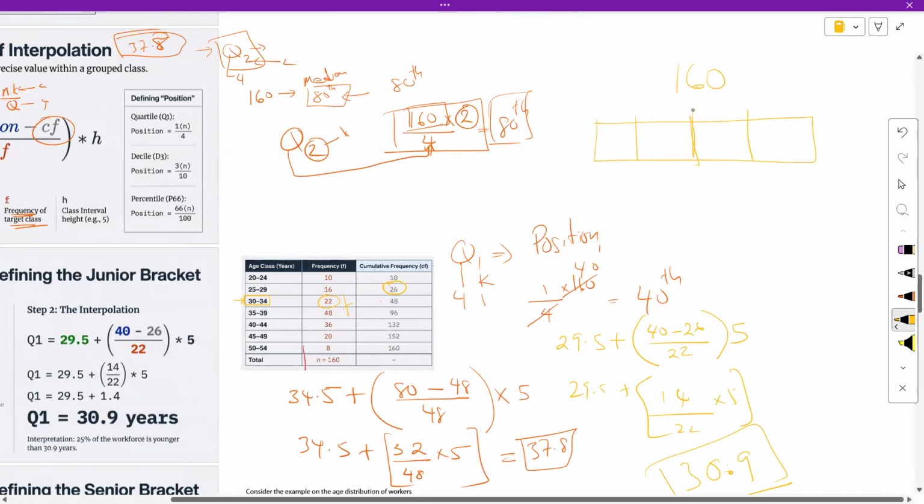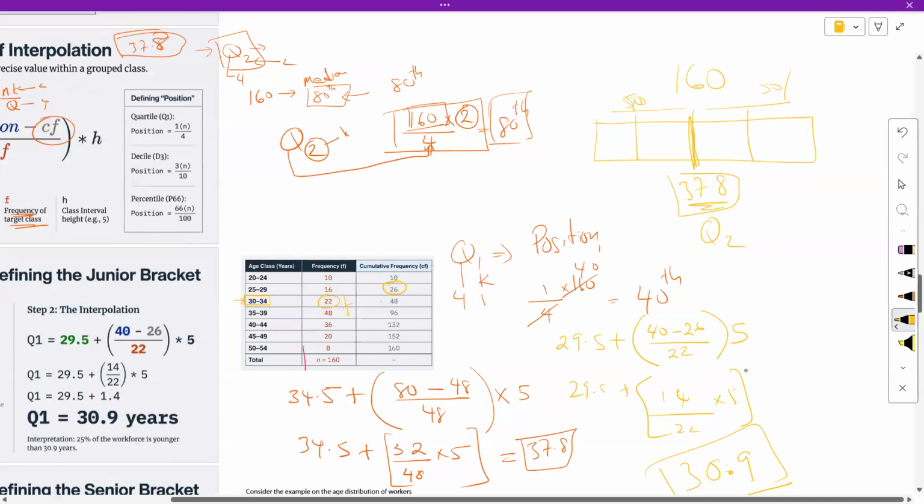The middle is 37.8, this is Q2. This means 80 employees, or 50%, are below 37.8 and another 50% are above 37.8 years old. That's the meaning of Q2.